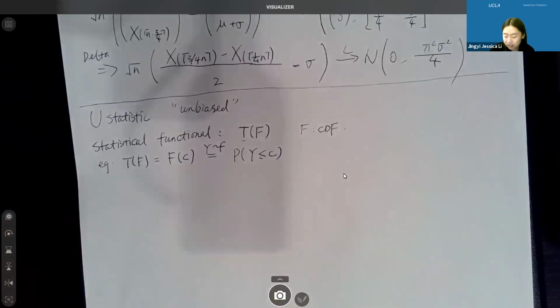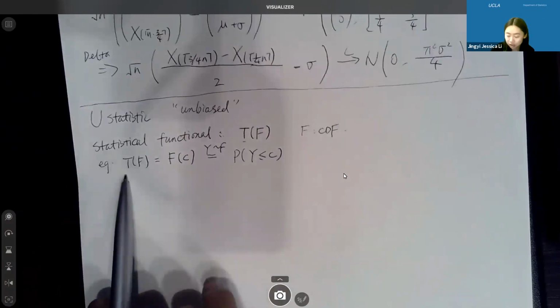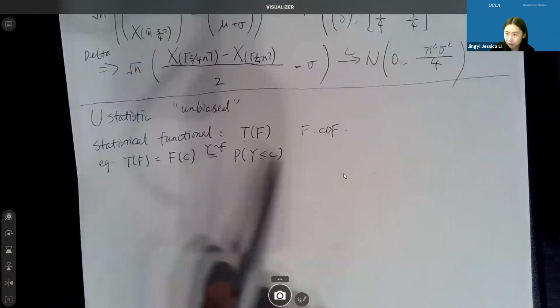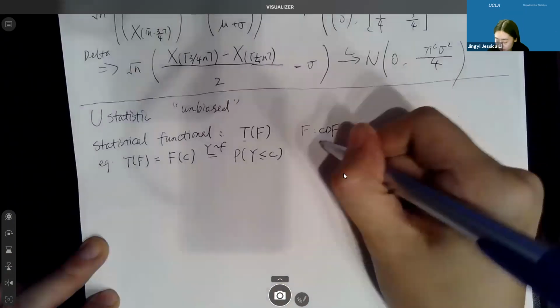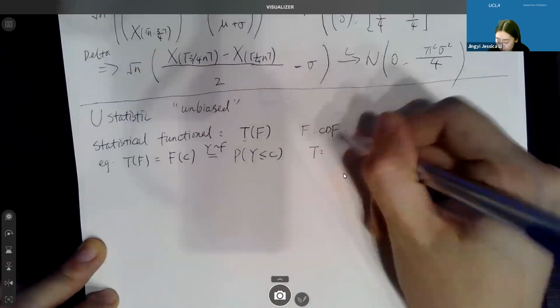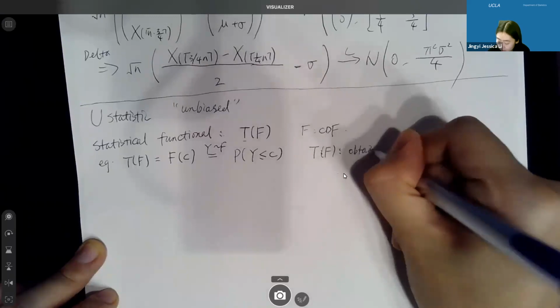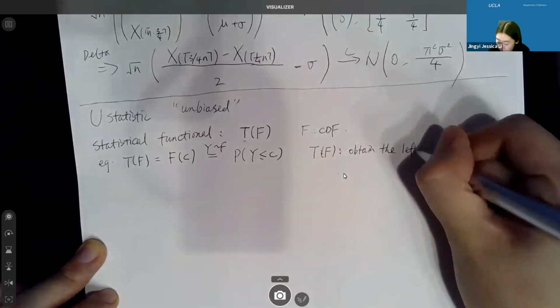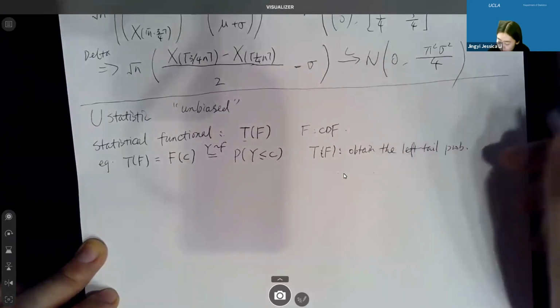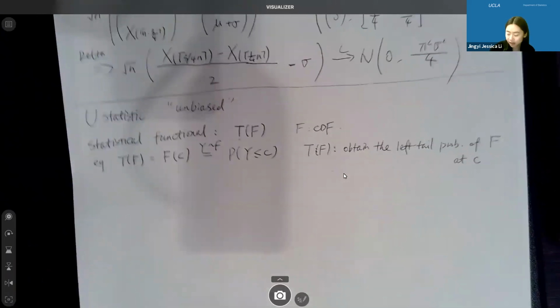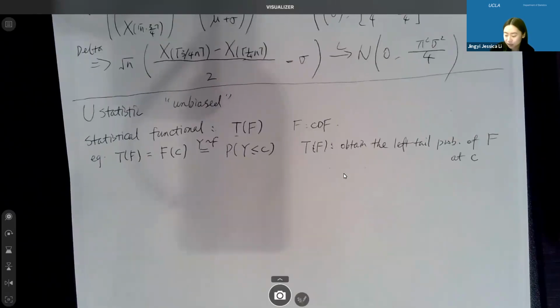So this statistical functional T, evaluated at F, extracts the left tail probability of F at C. Given any CDF, any distribution, T outputs a left tail probability.